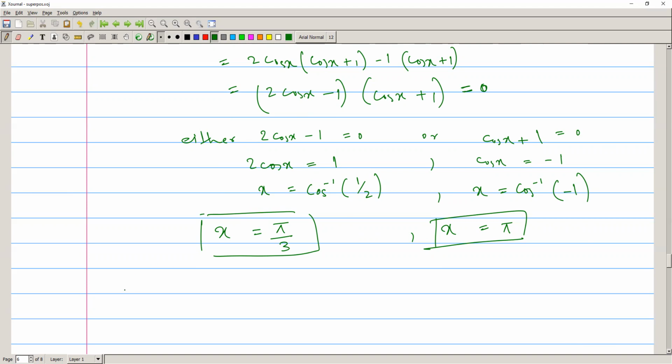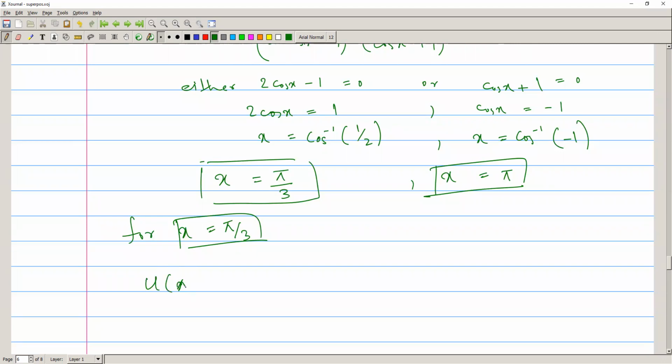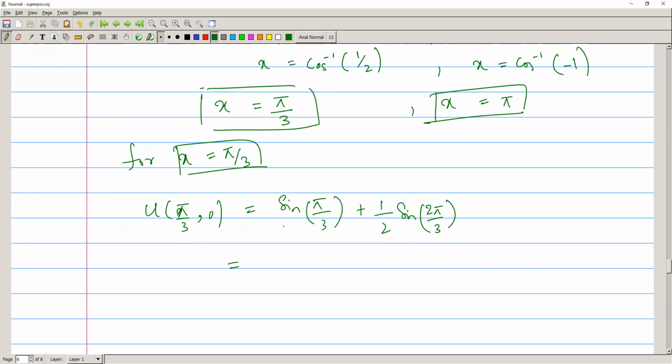Now we can put these values in. For x equals pi over 3, u(pi/3, 0) will be equal to sin pi/3 plus 1/2 sin 2pi/3. So sin pi/3, that is sin 60 degrees, is square root 3 over 2, plus 1/2 times sin 2pi/3, that is sin 120, which is also square root of 3 over 2, right?